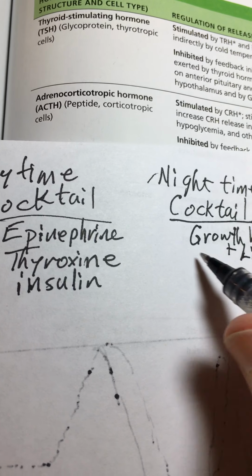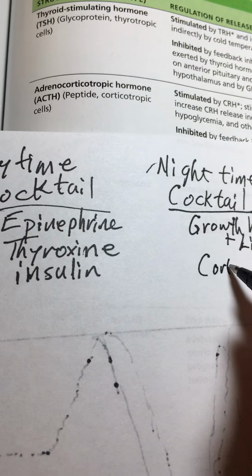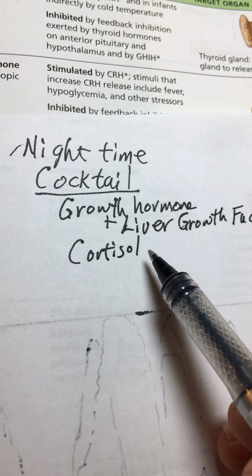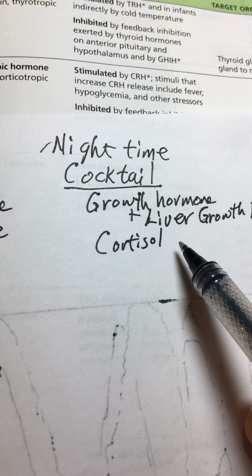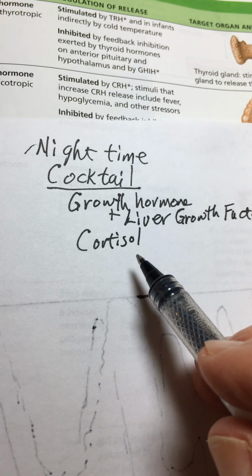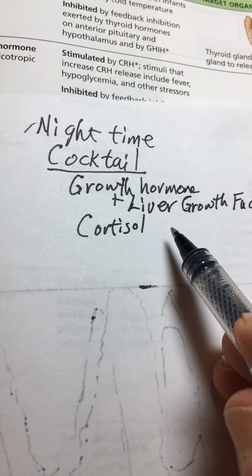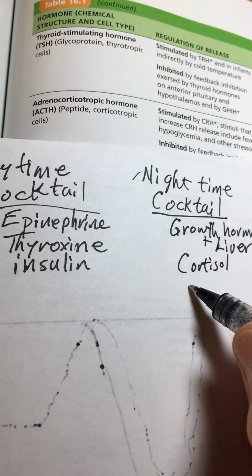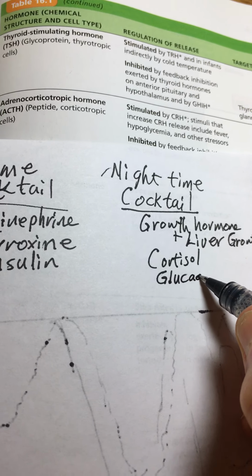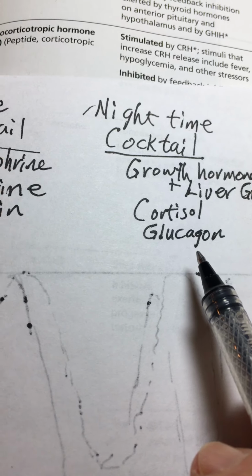The next thing is that we need guidance, and so we have something called cortisol. And the cortisol is providing glucose for nighttime activities, and also it's providing guidance, in essence. It has a coenzyme that works with it called vitamin C. And then we have glucagon that also contributes glucose from stored glycogen.